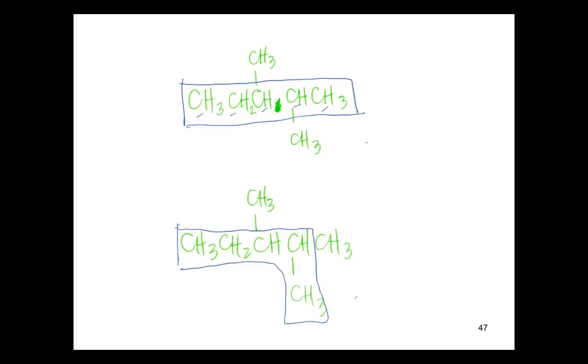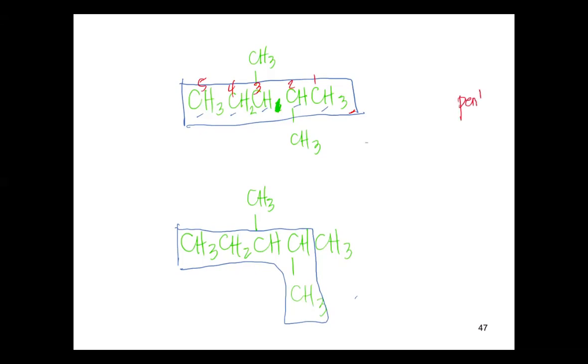So, let's have the first one. After nyo i-determine yung longest chain, lagyan nyo ng number. This would be carbon 1, 2, 3, 4, 5. Bakit dito nag-start sa right? Kasi, nagbibigay siya ng lowest possible number sa mga substituents.